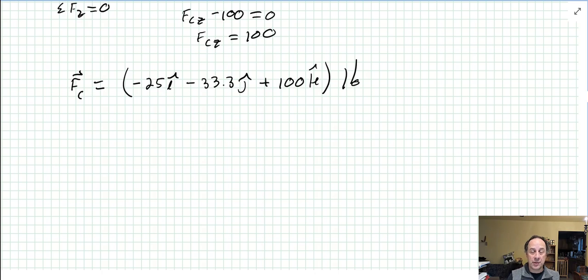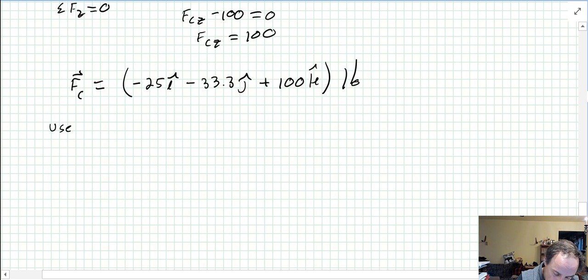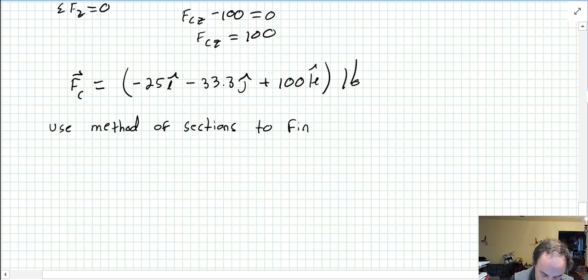All right, we're going to use method of sections here to find the force in members AD and AC.